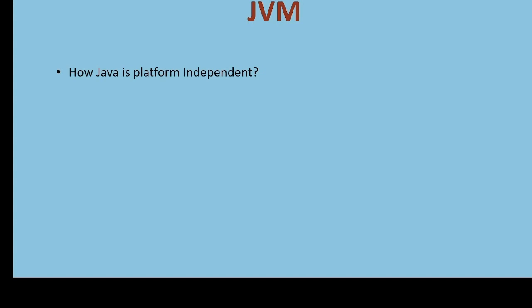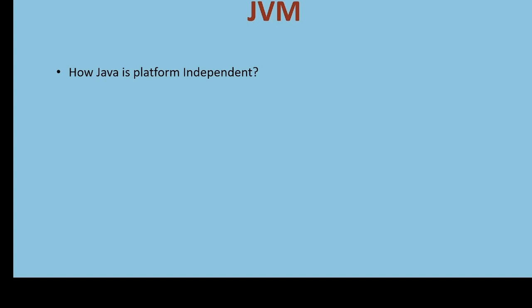Whenever we write a Java program, we only need to write it once. For example, if I write a Java program in my Windows OS, but I need to run it on Linux OS or Mac OS, I don't need to write it again. Rather, when we write a Java program, we compile it. As we said earlier, after compiling, we get a bytecode. This bytecode is the same irrespective of whether you compile it on Windows, Linux, Mac OS or any other platform, and this bytecode is platform independent.